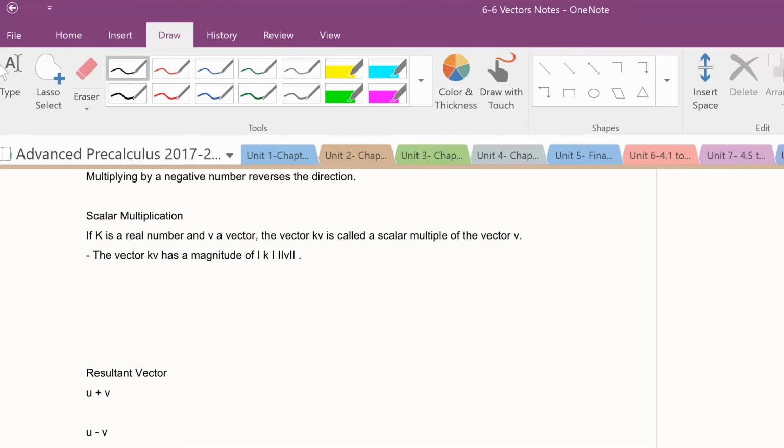So, scalar multiplication: a scalar is just a number that we multiply by a vector. And the vector that we get when we multiply by the scalar will have the magnitude of that scalar times the magnitude of the original vector.